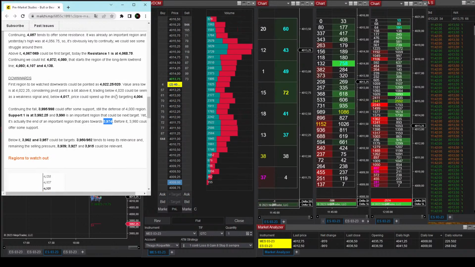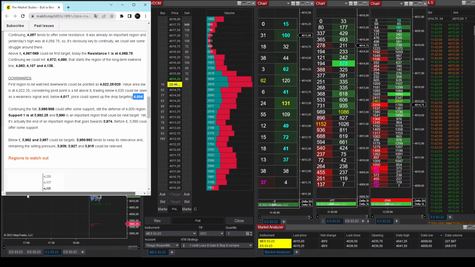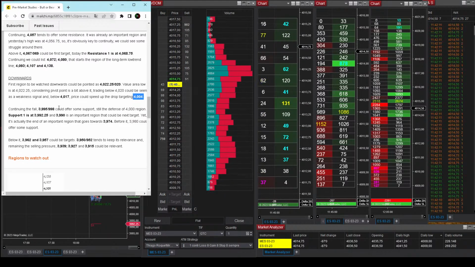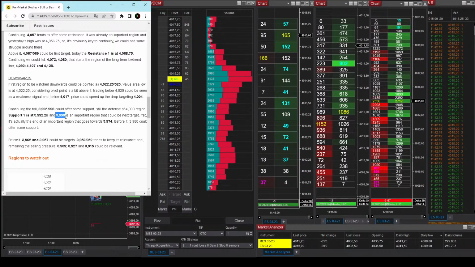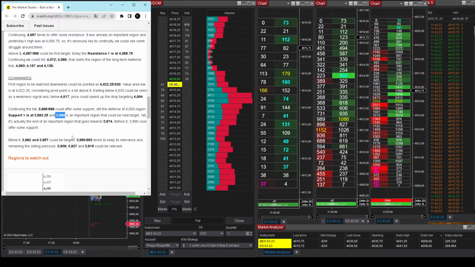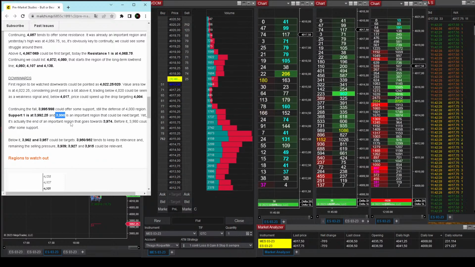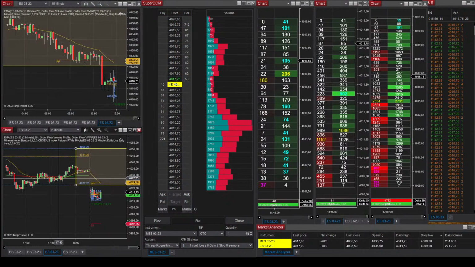Okay, so downwards we could say 04, 98, 95, 92, 90. Moving downwards, we could look for a short that could last a bit longer.